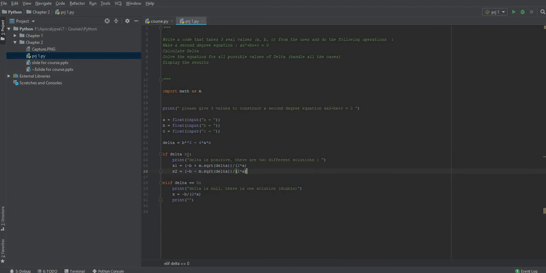We missed those two values here. Print x1 equals. I will show you another way of writing the text: we can make a percentage f, and here percentage, and we can put the value.